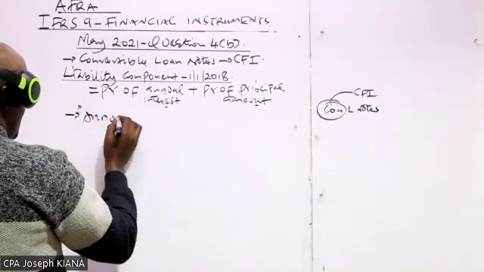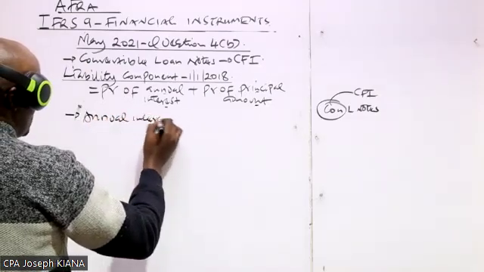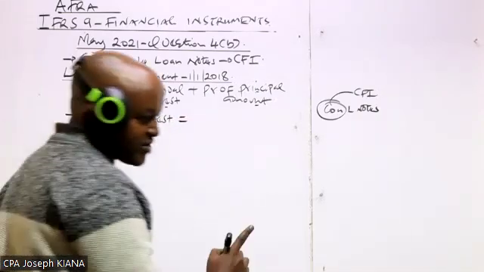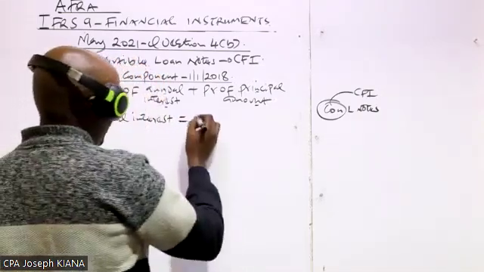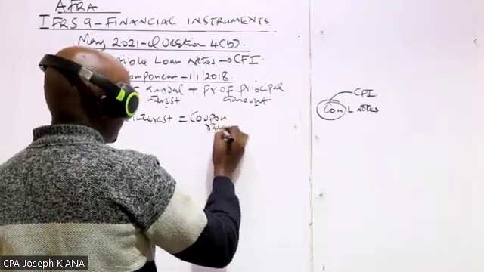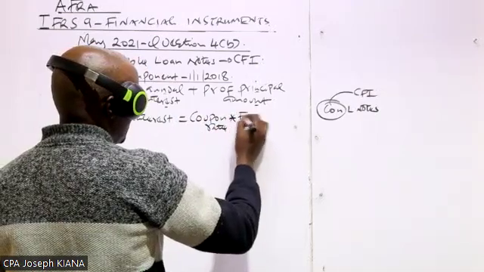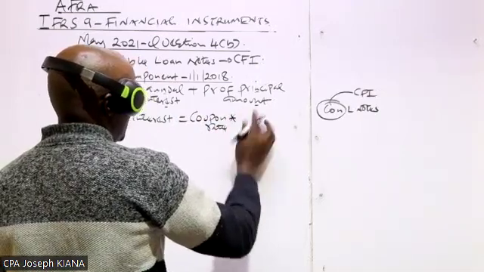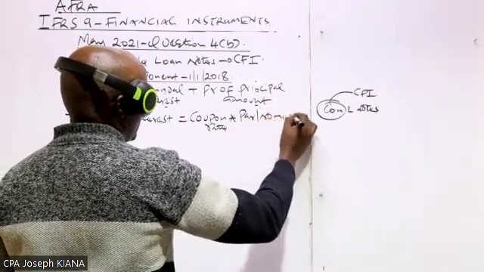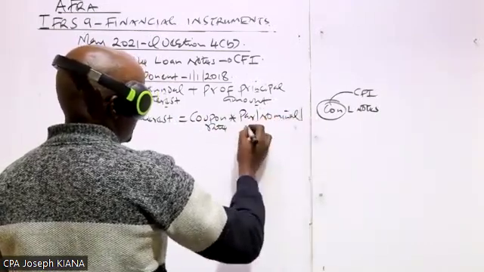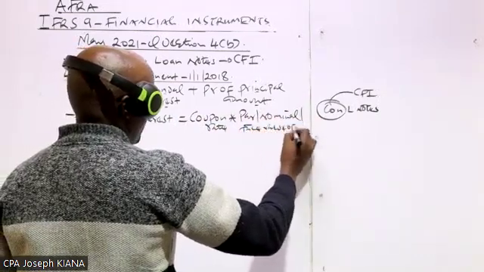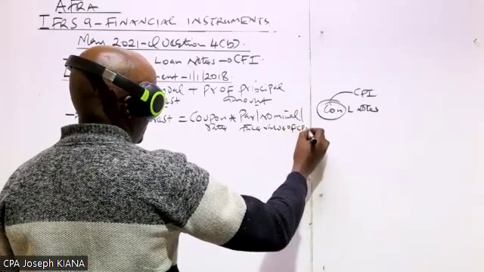So we start with annual interest. How do we compute the interest to be paid? This is a formula you have to remember. First of all, we take the coupon rate times the par, also known as the nominal, also known as the face value of the CFI.